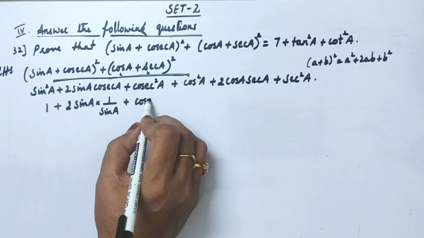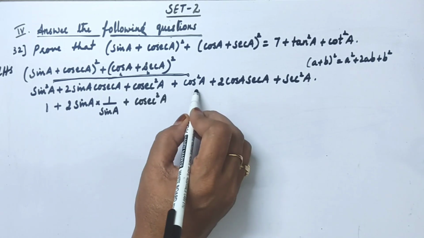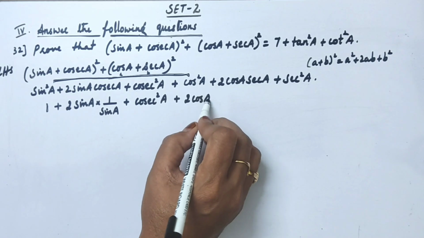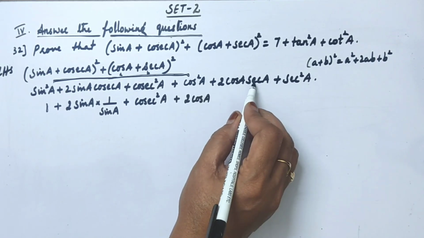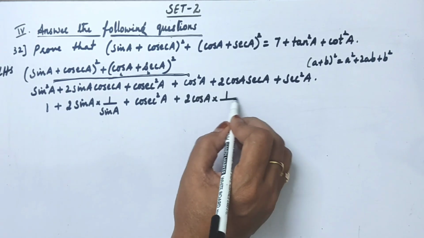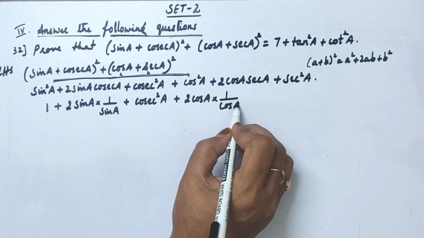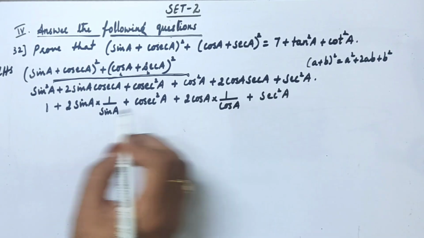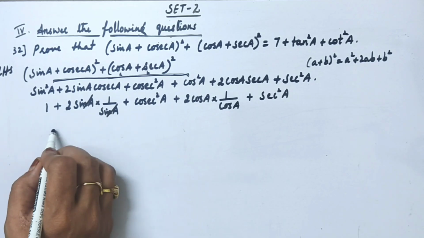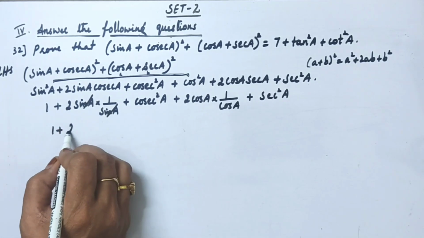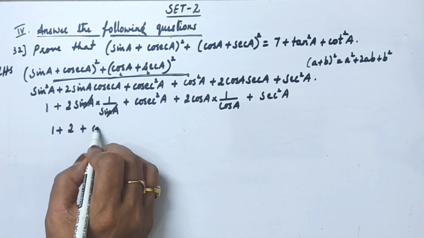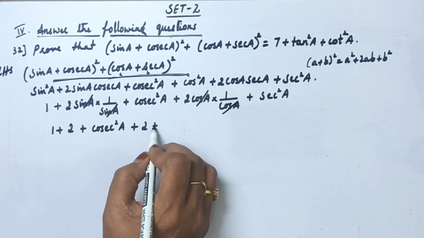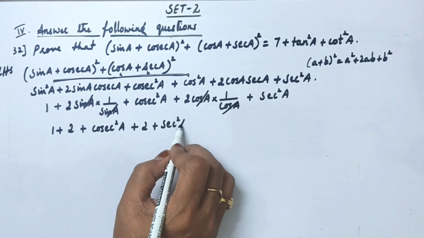This is cosecant square A. Plus this one is 2 cos A. Now here you can see secant A is nothing but the reciprocal of cos. Plus secant square A. Sine cancels. I get here 1 plus 2 ones are 2 plus cos cancels, 2 ones are 2 plus secant square A.